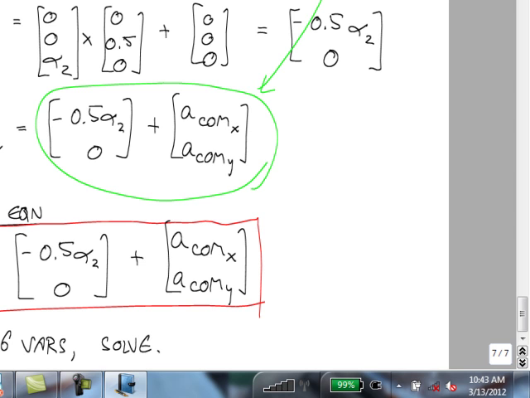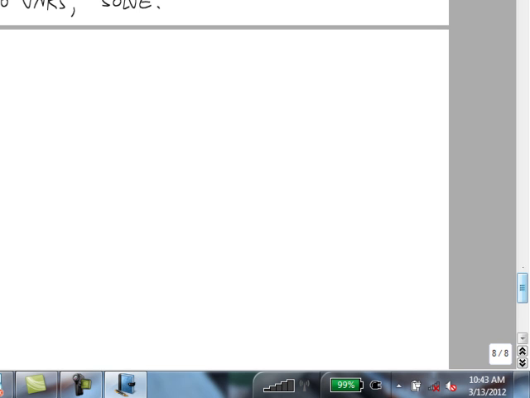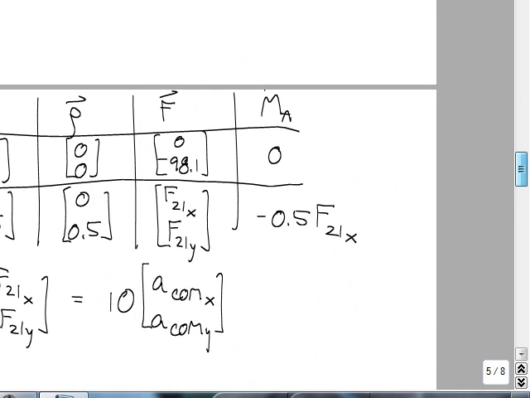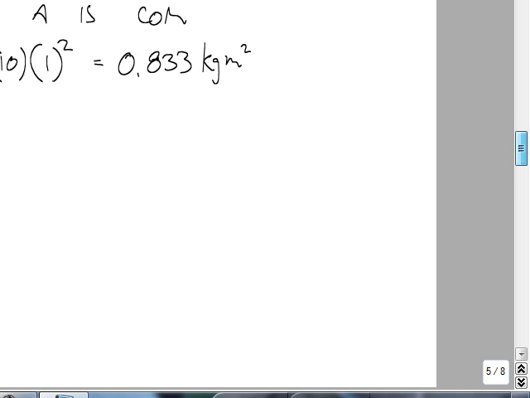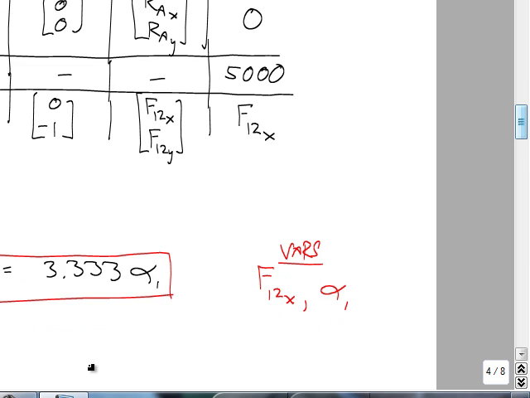And so plug this into your solver and you get, what did I call that reaction force? RA. RA is equal to 64, 29.12, 196.2.